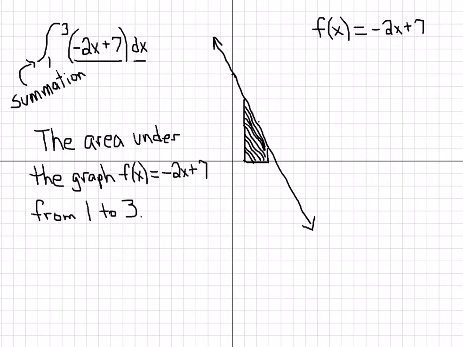So the area that this integral represents, I wrote it down here for you, is the area under the graph f of x equals negative 2x plus 7 from 1 to 3, and also knowing that we are stopping it here at the x-axis. Now, this would be a picture of the graph of what we're looking at.